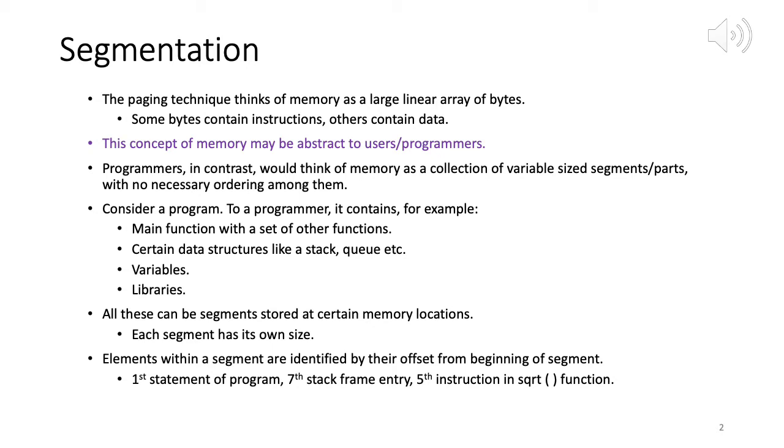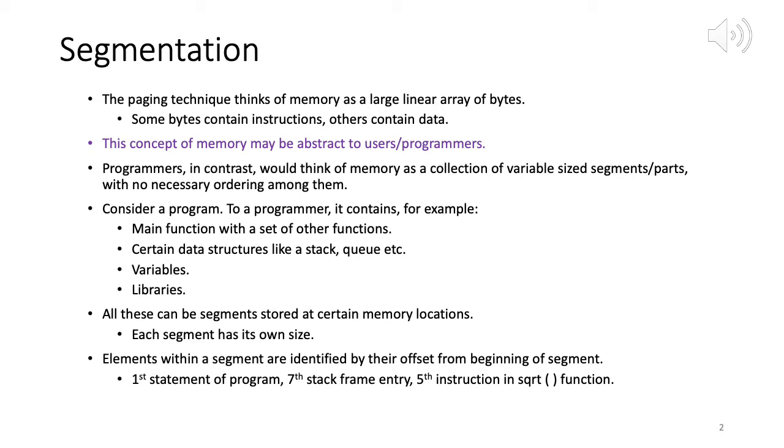If we think about this paging technique, we say that the paging technique looks at memory as a large linear array of bytes. So we have an extremely large array of bytes, as we had discussed. Each byte is directly addressable. We have a sequence of memory locations, and each location addresses one byte.